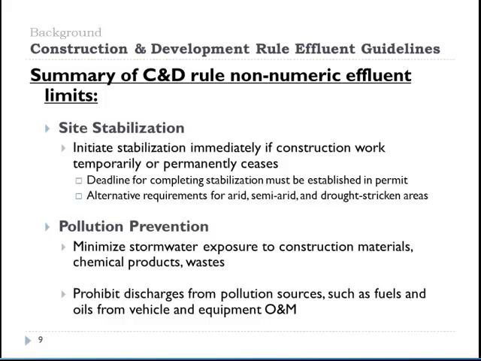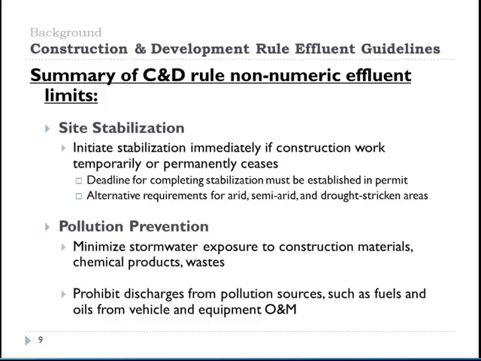In addition, the non-numeric effluent limits required that state and EPA permits include site stabilization requirements, and here the requirement is that stabilization be initiated immediately if construction work temporarily or permanently ceases. And in the regulation, it defines a temporary stop of work in an area as one that lasts 14 or more days.